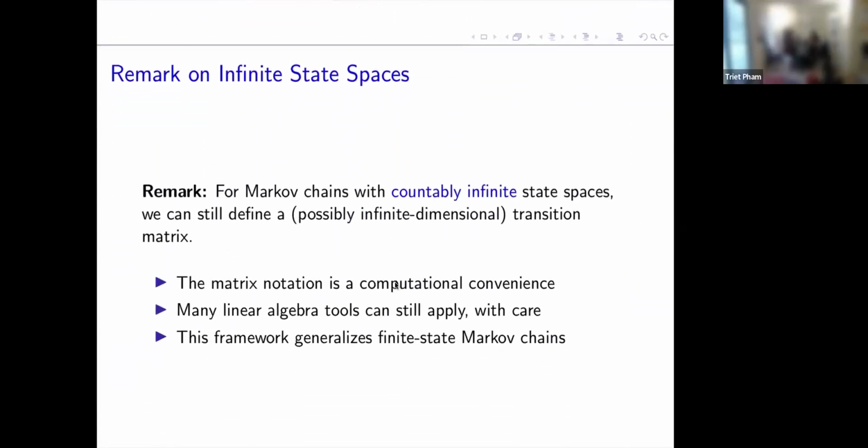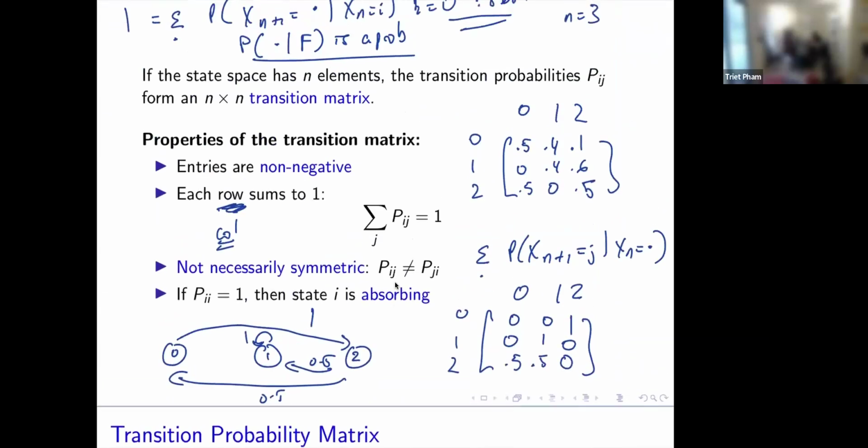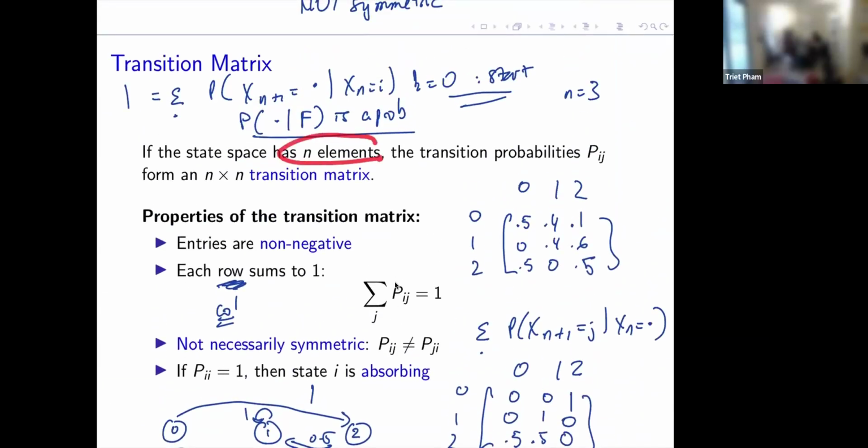So with an infinite state space. Okay, what is an infinite state space? Oh, by the way, an implication here is a finite state space. So there is that distinction that will be relevant to us at some points, that we can consider a Markov chain with finite state space or infinite state space.